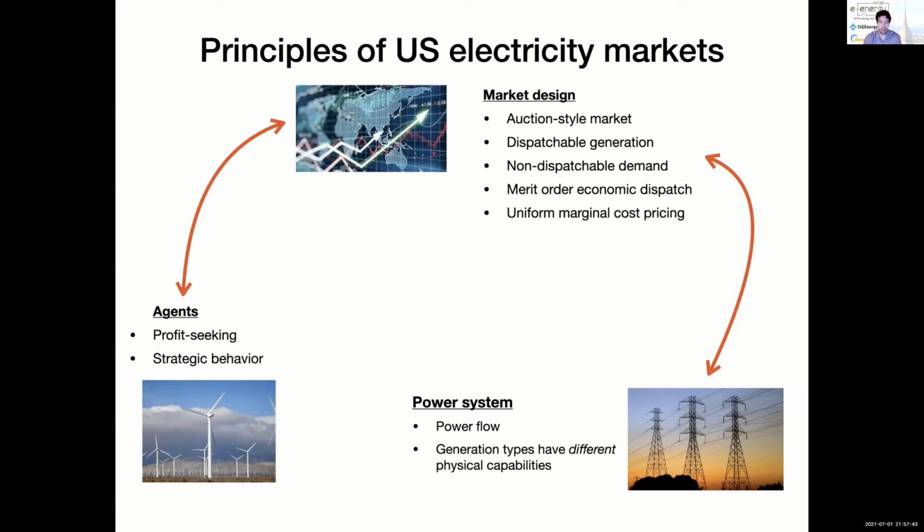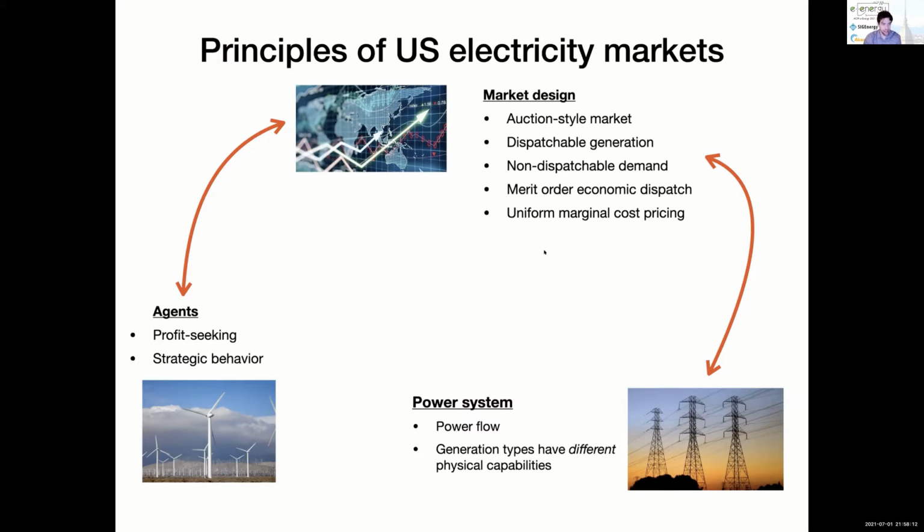Now, on the right-hand side, the market itself is coupled intimately with the underlying power system. And in particular, the laws of power flow need to hold for the dispatch that the market produces. Different generators have different physical capabilities, ramping limits, operating limits, and those are all reflected somehow in the price and the dispatch from the market.